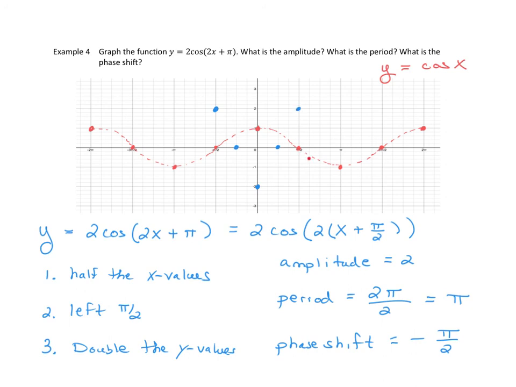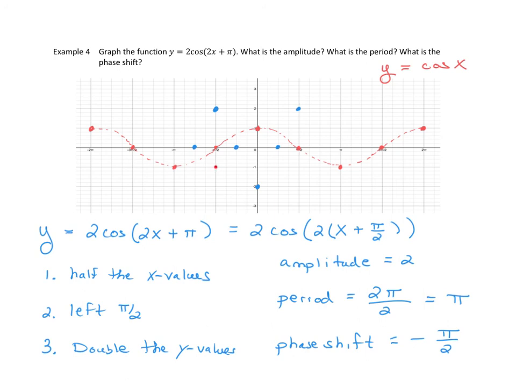So I've used all of these points. I guess I'll complete it by using these as well. So for starters, for this x value, first I take half of it, which is pi over 4. I then go pi over 2 to the left, which is here. I multiply the y value by 2, and it stays 0. Likewise for this one, I take half of the x value, that's negative pi over 2.